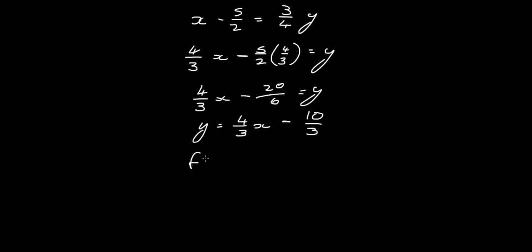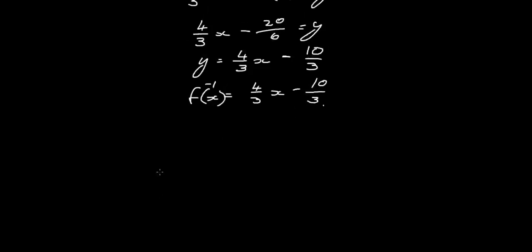So now f inverse equals 4 over 3x minus 10 over 3. Cool. And you can write it as f inverse of x, 4 over 3x minus 10 over 3. And there you go.